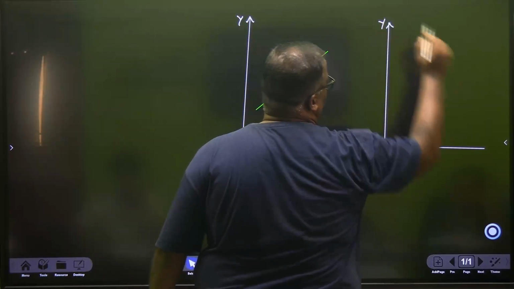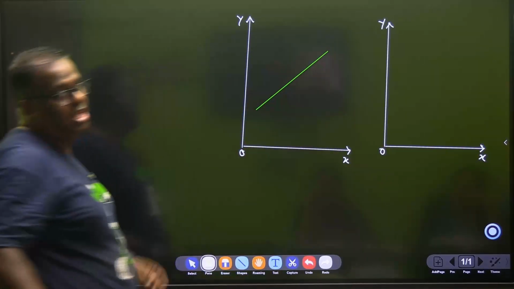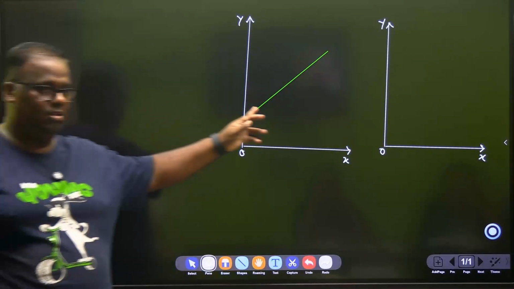This is Y axis. This is X axis. Now, enjoy this discussion. Okay. I have a line. This is called a straight line in mathematics.